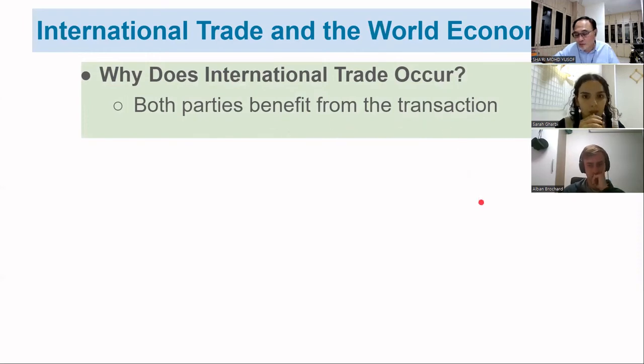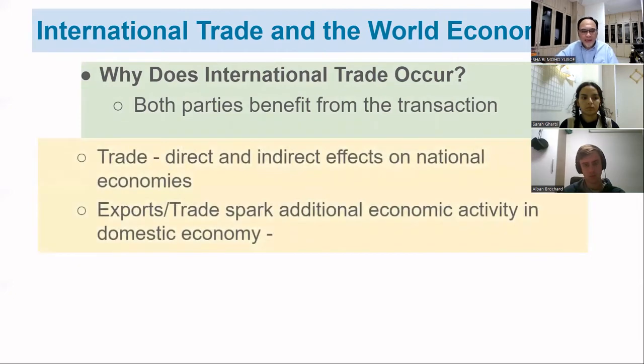Maybe some kind of benefits, especially monetary benefits or social benefits, right? So for both parties, there must be some value being exchanged. If there is no value exchange, then there's no benefit, then there won't be any trade. And we have seen that trade actually has direct and indirect effects on national economies.